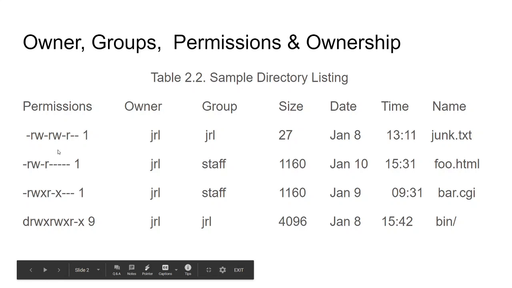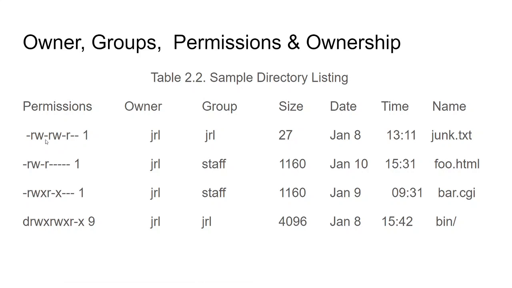The rest is rwx, that is read, write and execute. That is for the owner. The next rwx is for the group. The next rwx is for others who are using the system.